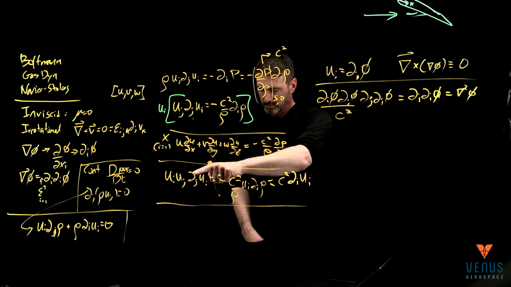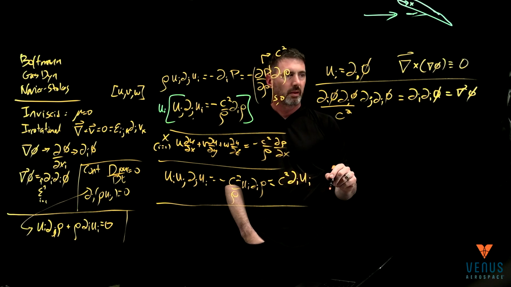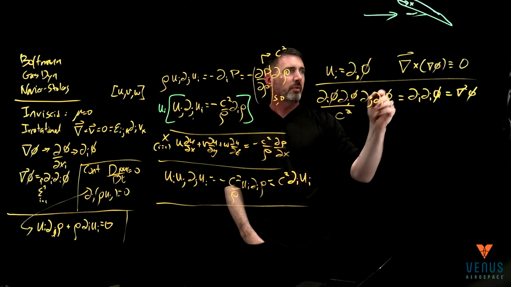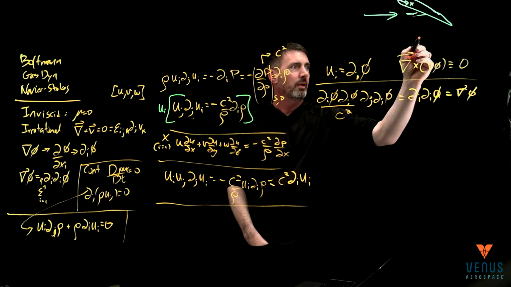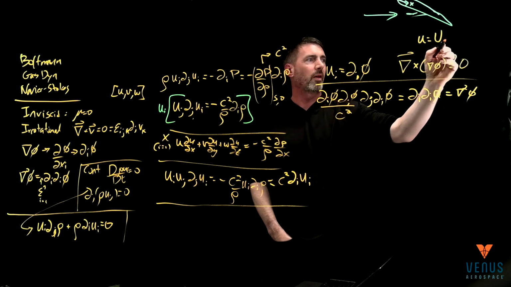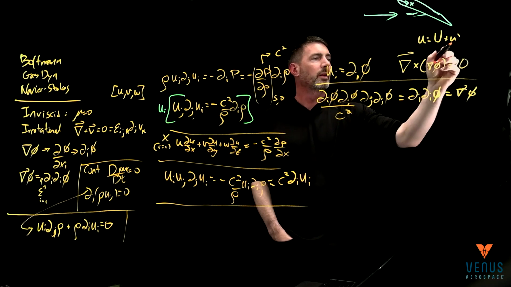And so if you do that, then when you end up working this out, let's come back to here. So the c squared, we end up defining u. The u is going to be a large velocity plus a fluctuating velocity, and it's actually this cosine of alpha.